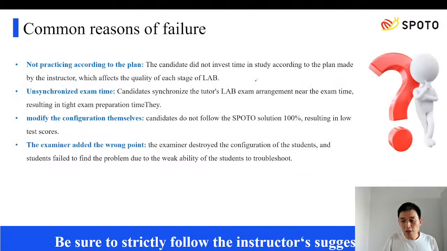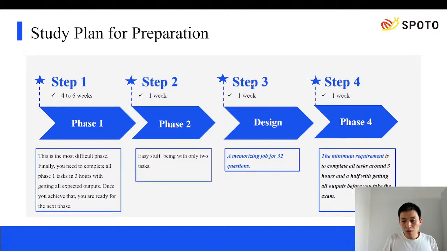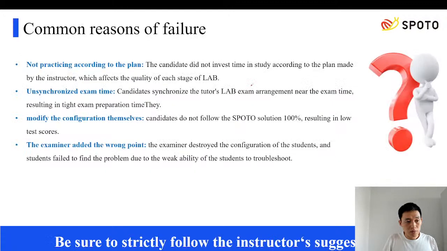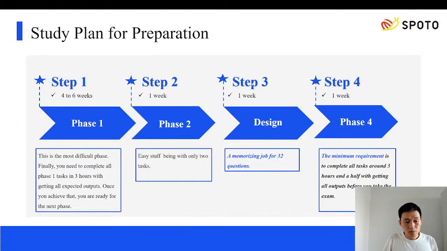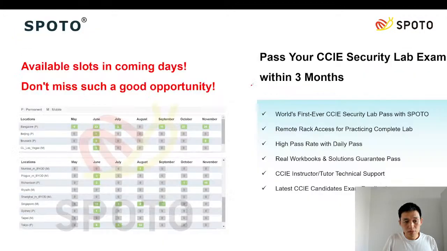So here is a study plan for you, and you will get more details in the guideline files once you start the preparation with us. Your Cisco account will get updated after you pass the written exam within a couple of days.